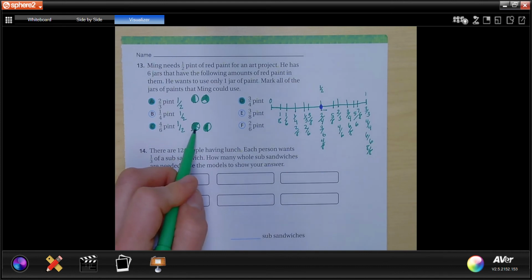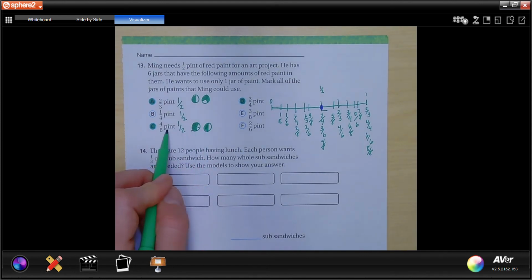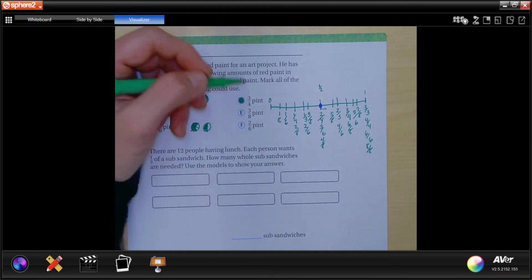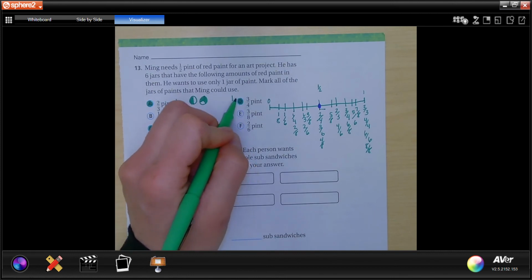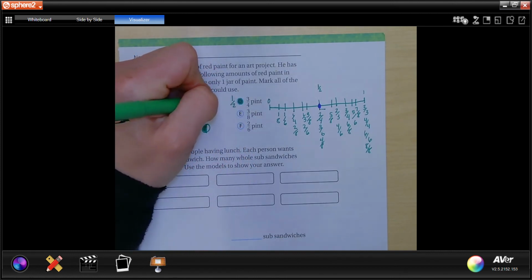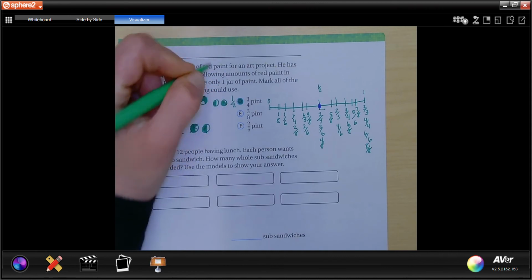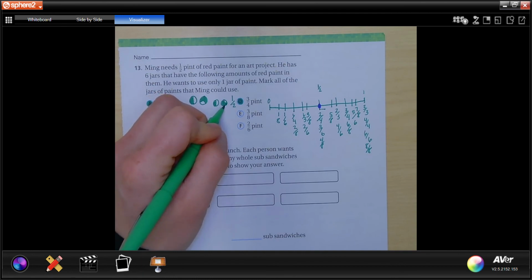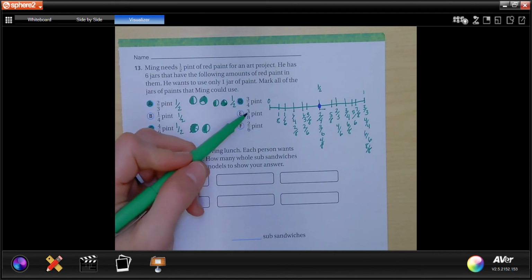So 4/6, there's more paint than what we need, so that is true. 3/4 and 1/2. They have different denominators and different numerators, so we're going to do missing pieces again. 1/2, 3/4, so 3 out of 4. Okay, we only need this much, and we have this much, so do we have enough? Yes, we do. That's why that's correct.